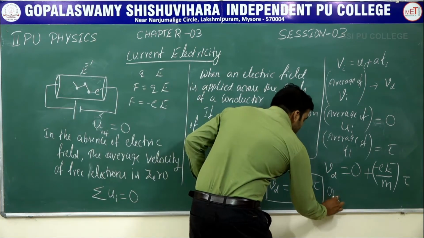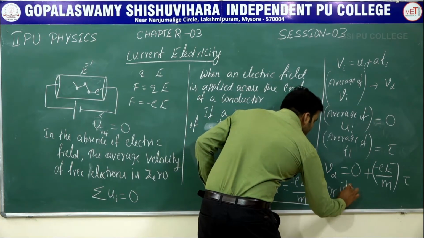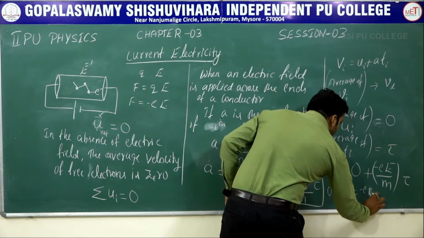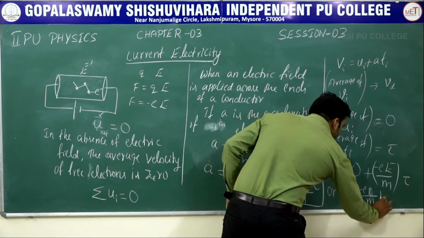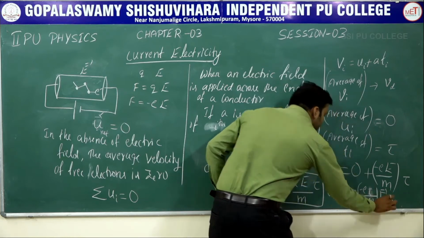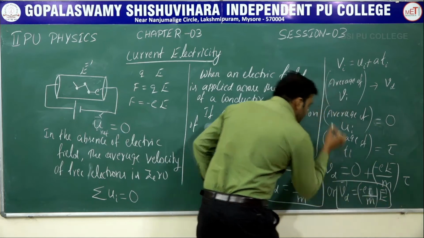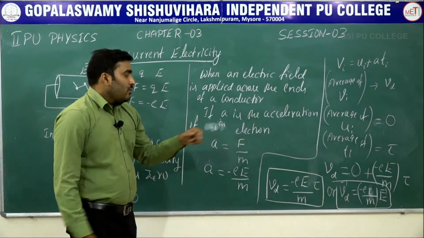I will write the vector equation also, because velocity is a vector. So Vd is equal to minus of E into tau by m into electric field E. You can observe a negative sign in the equation.